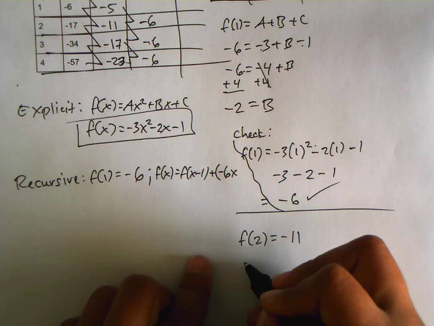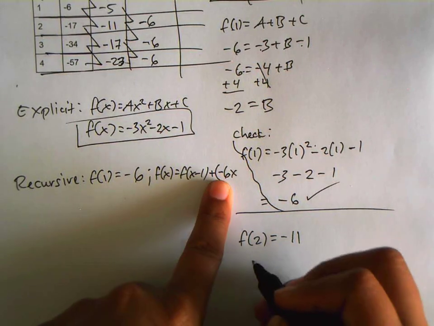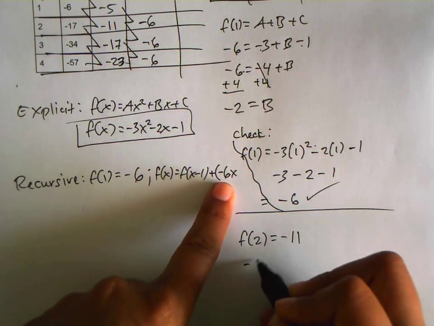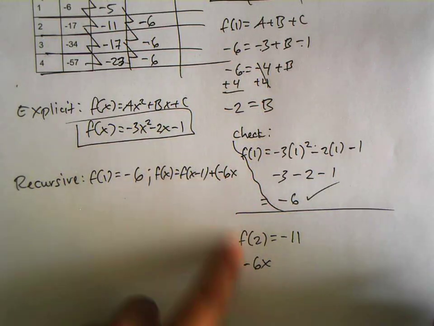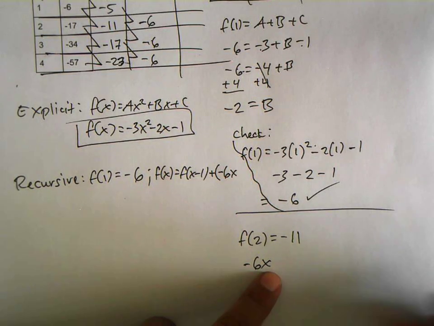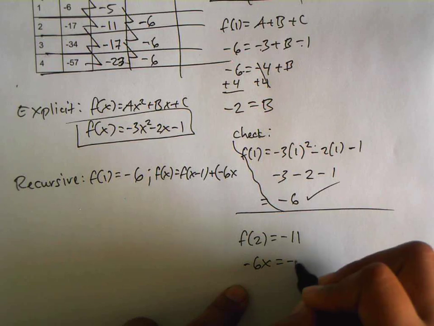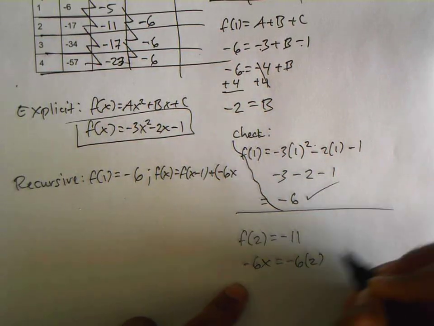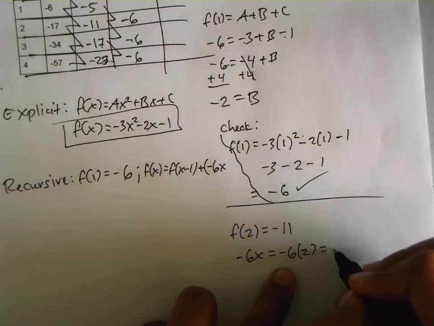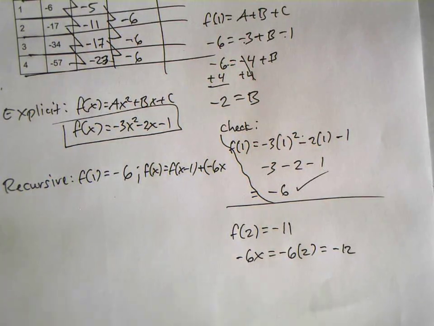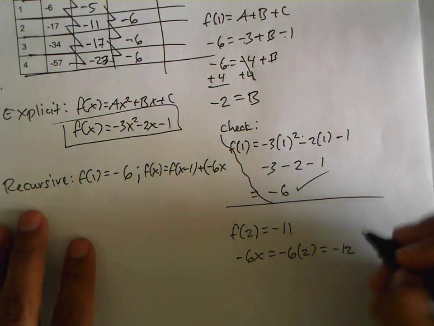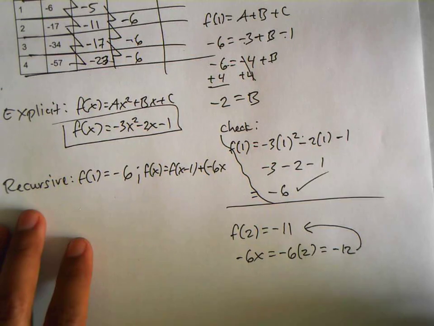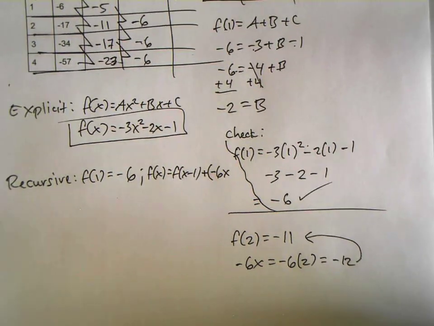Okay, so far our growth, given our little recursive thing, is negative 6x, whatever x is. We're using 2. So I'm going to go ahead and put negative 6 times 2 and see what we're getting so far. We're getting negative 12. And negative 12, well, we only wanted to subtract 11, not 12.